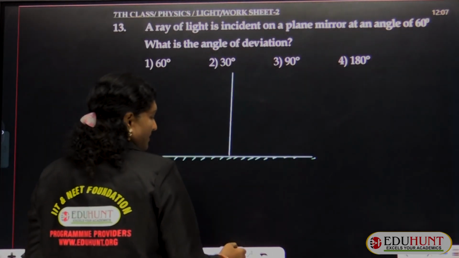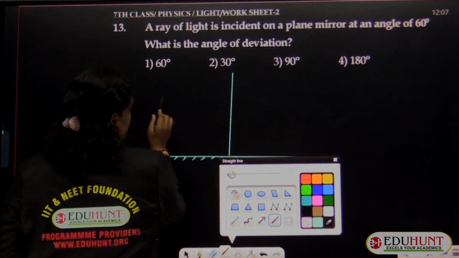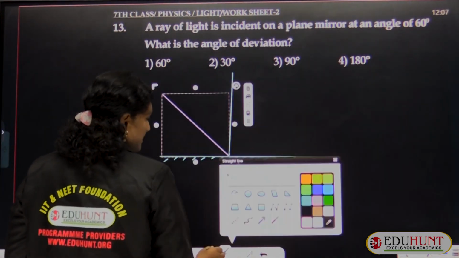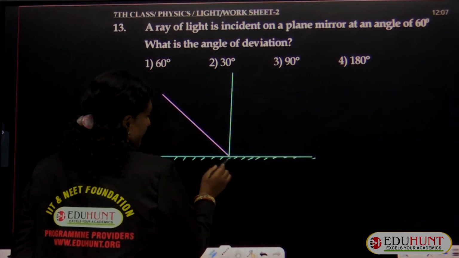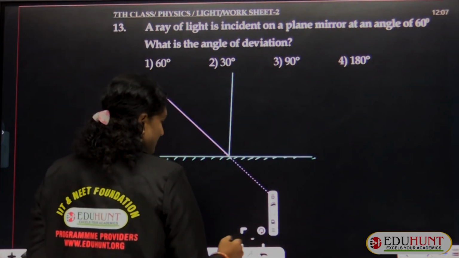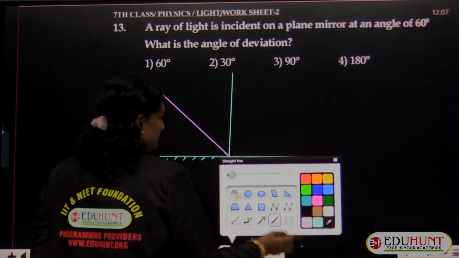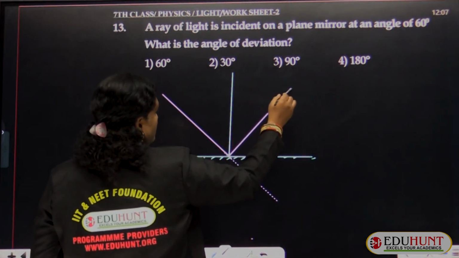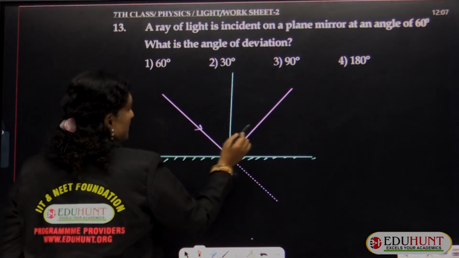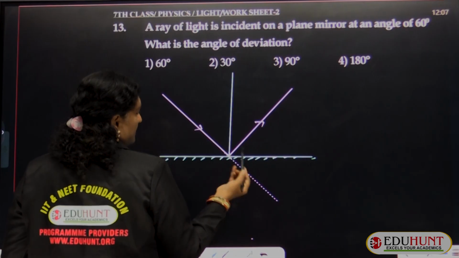A light ray is incident on this plane mirror. Instead of going straight ahead, it deviates its path and moves in this particular direction.